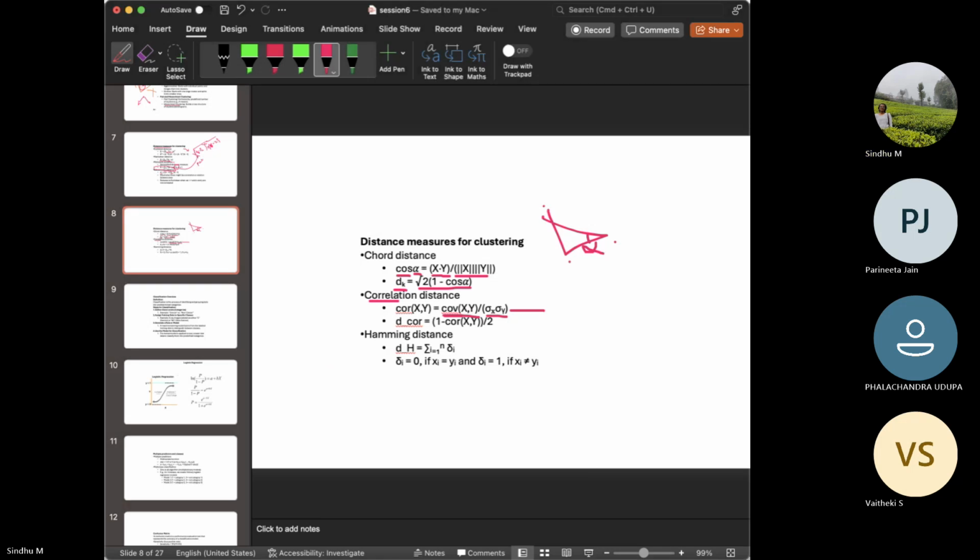Okay, so let's continue. I was talking about correlation. Can someone tell me what is the range of correlation? What is the minimum value it can take and what is the maximum value it can take?